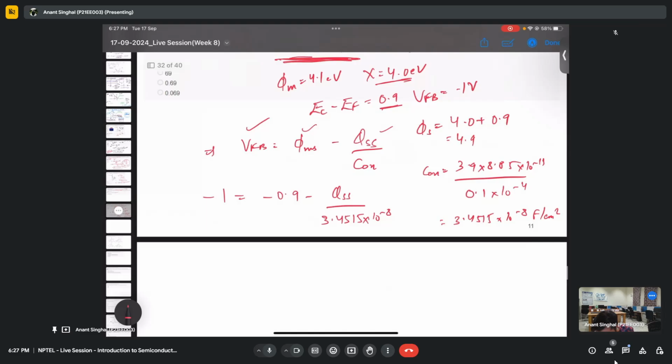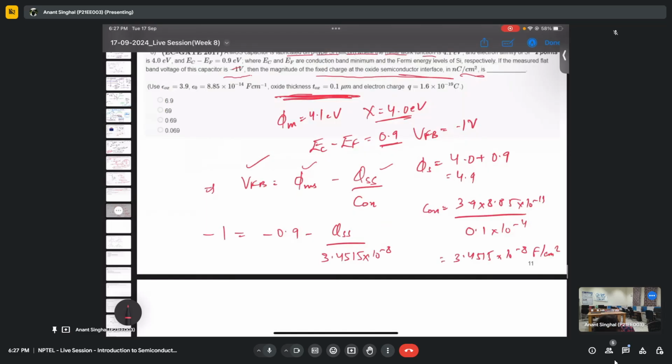Oh, sorry, it is 4.1 minus 4.9, so it is minus 0.8. So it is minus 0.2 times. So QSS is nothing but 0.2 times of Cox, which is in Coulomb per centimeter square.